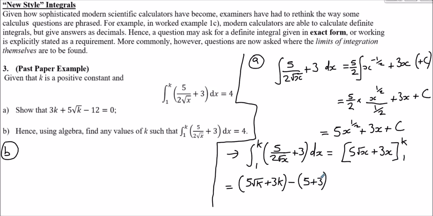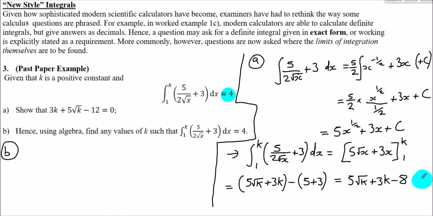So then neatening this up, I've got 5 root k plus 3k. 5 plus 3 is 8, so it's minus 8. And we're told as well that that needs to be equal to 4.